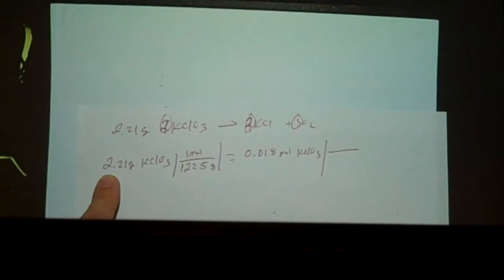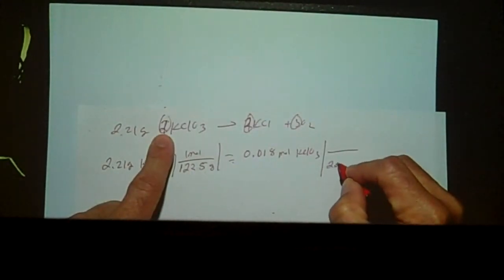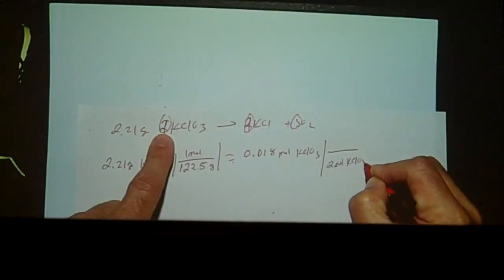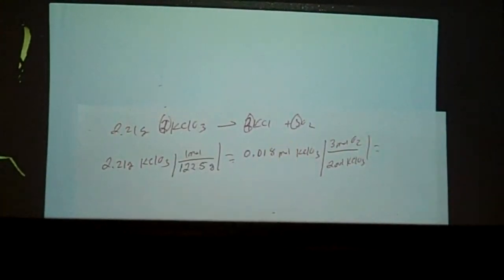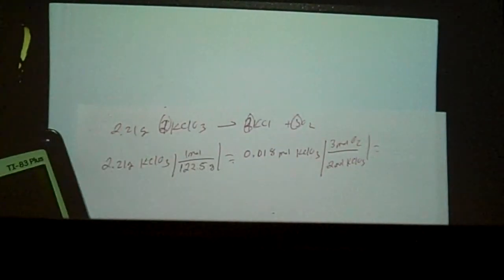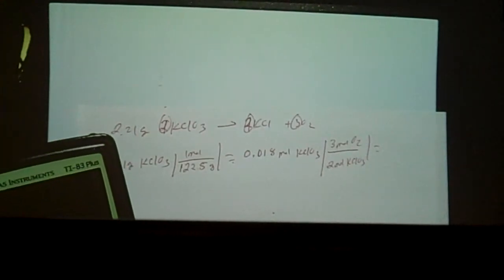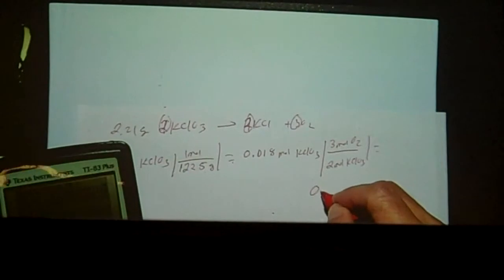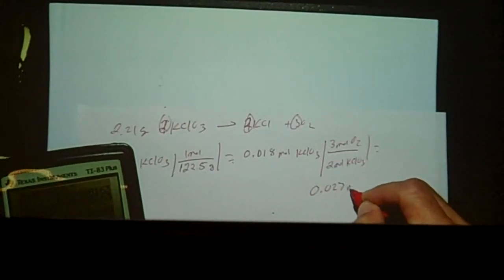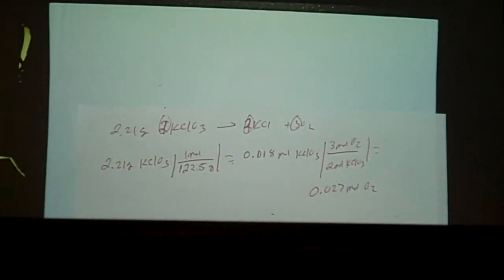Now the stoichiometry. I see that 2 moles of KClO3 produce 3 moles of oxygen. So this math becomes times 3 and divided by 2, which is 0.027 moles of O2. So by starting with 2.21 grams of potassium chlorate, I was able to calculate the number of moles of oxygen that would form.